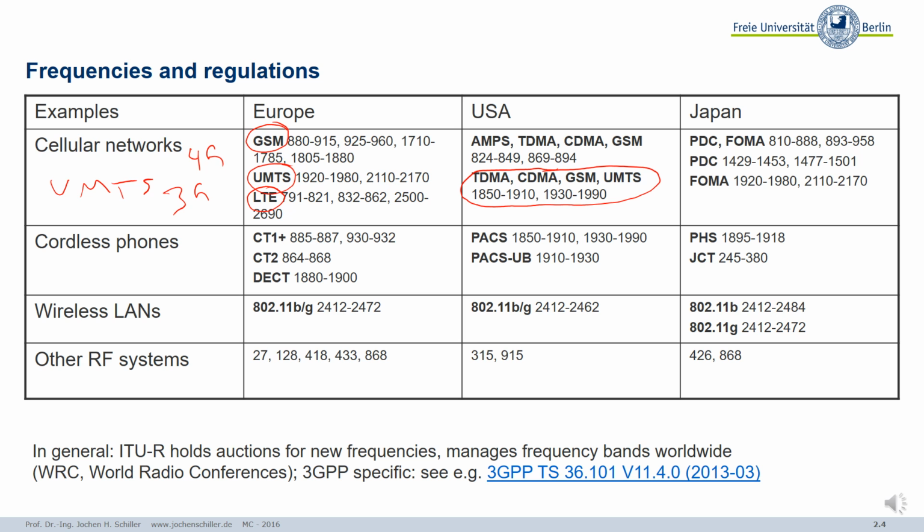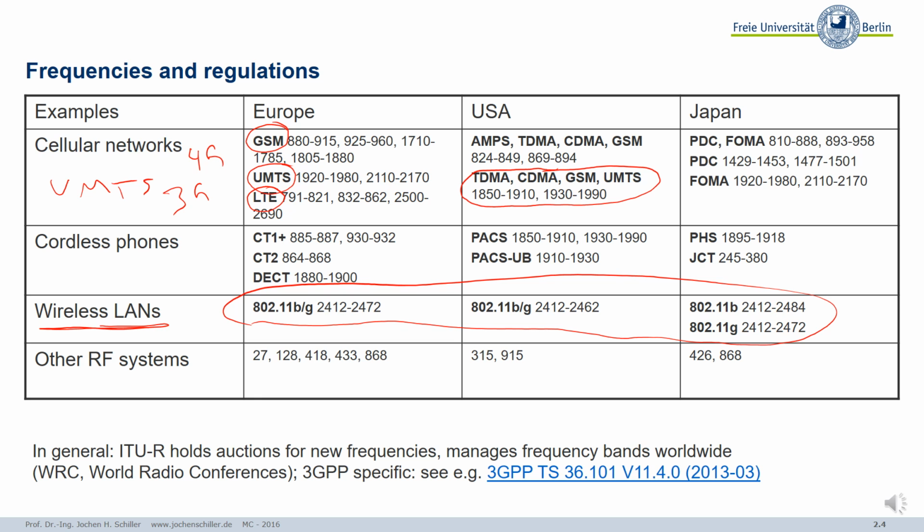I will then give examples in chapter 4 why it might be better to have this separation, but there are different philosophies behind it. And you see, it's a little bit different when we come to wireless LANs. For wireless LANs, we have more or less the same frequencies worldwide. That makes it much easier to develop hardware.